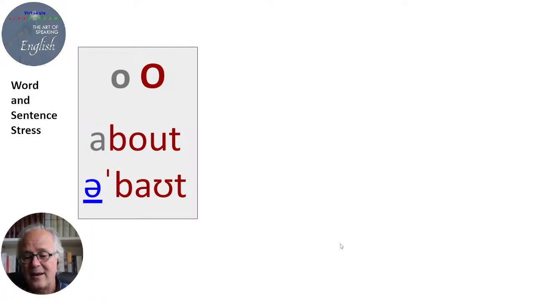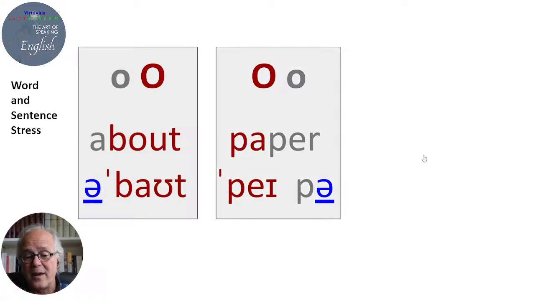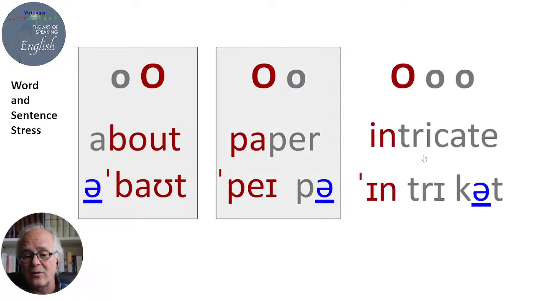It doesn't necessarily have a rule about the spelling of the schwa. We see it in the second case with paper. So the schwa sound at the end is represented with an E and an R. And then we can also see it in intricate, another time as an A sound.